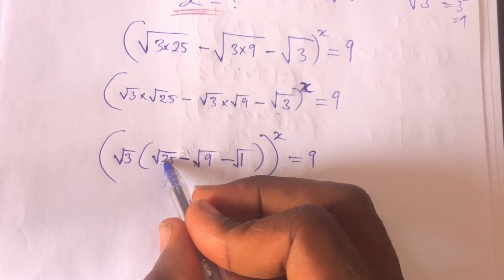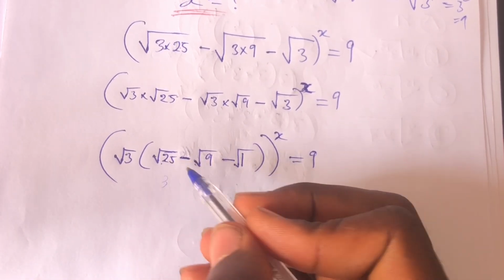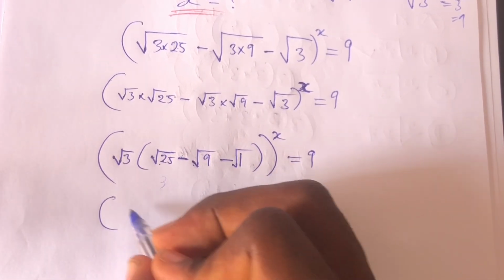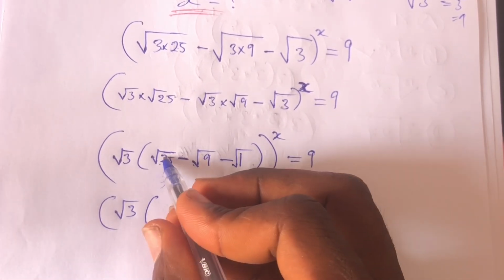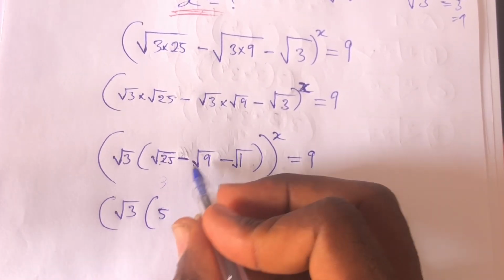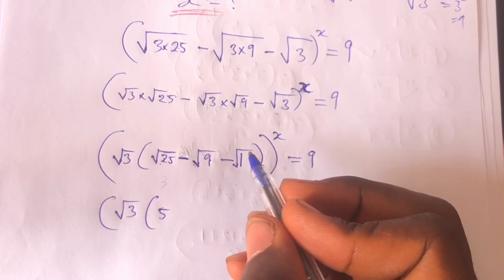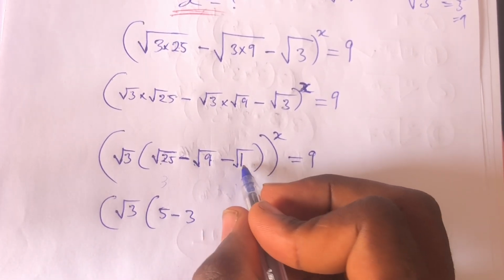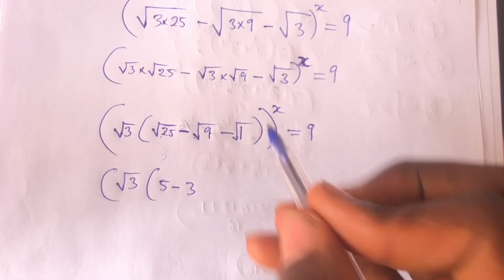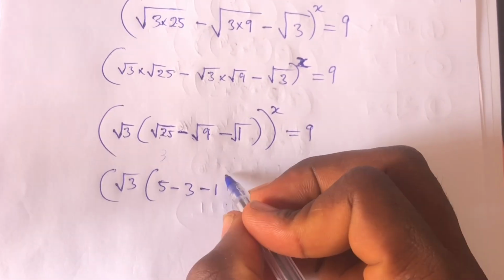But we know that square root of 25 is 5. So this can be written as square root of 3 into 5, square root of 9 is 3, and square root of 1 is 1.